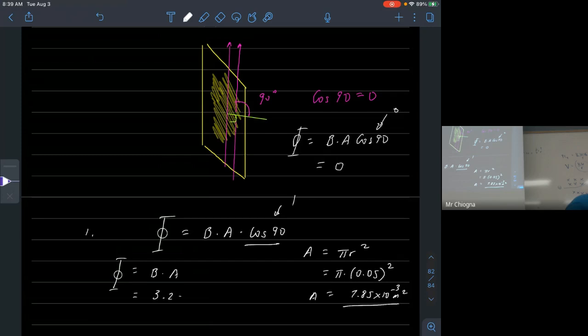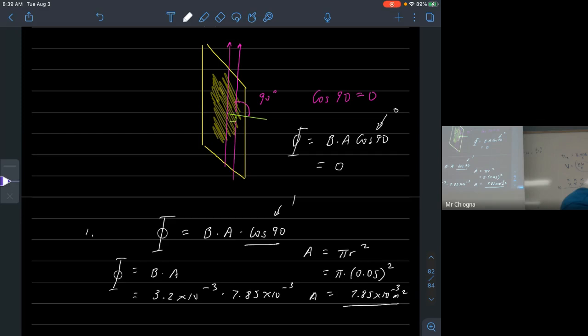Magnetic field is 3.2. Area is 7.85. I don't think this is right.